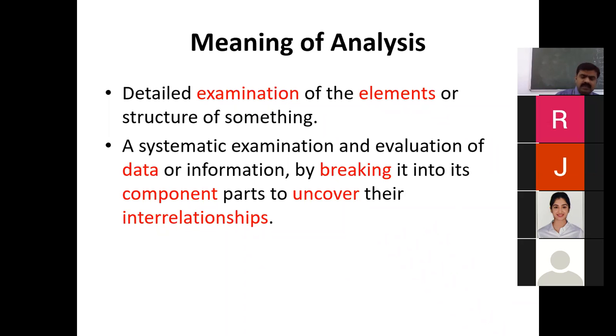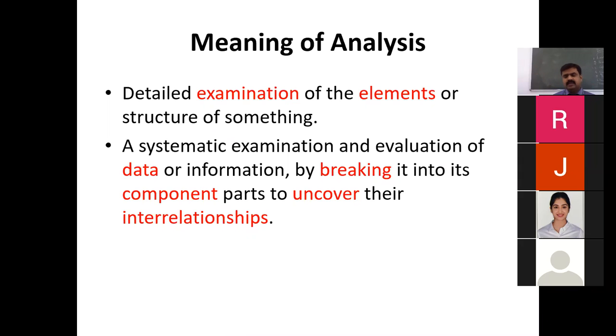One more meaning is a systematic examination, evaluation of data or information by breaking it into its components, parts, to uncover their interrelationship. So sometimes we will break it and analyze separately. We will have different ratios. We will only take current assets and calculate some ratios. We will take only fixed assets and calculate some ratios.